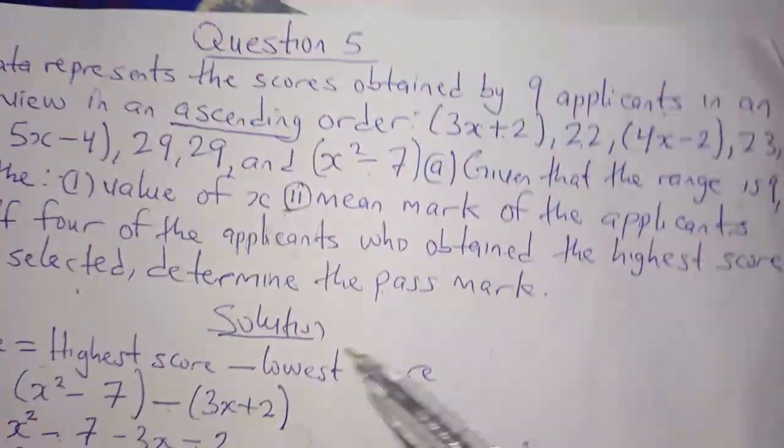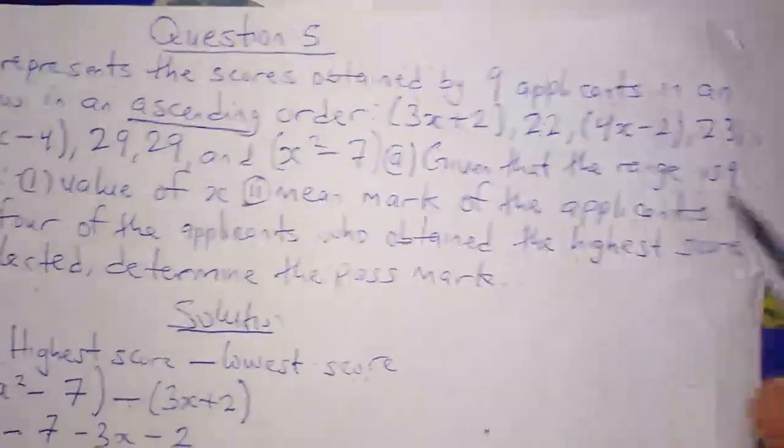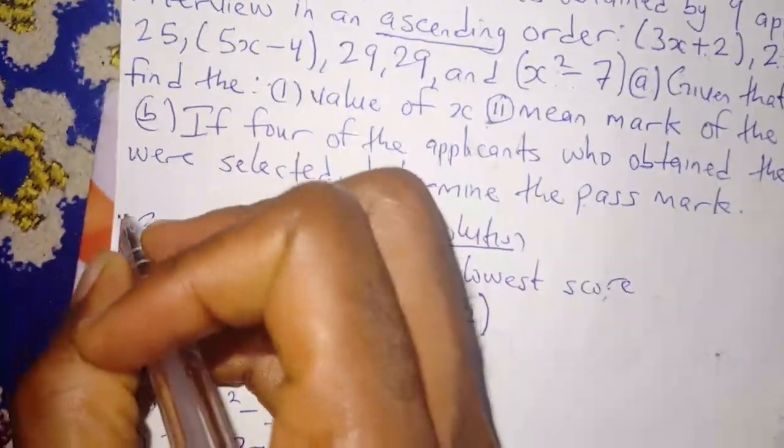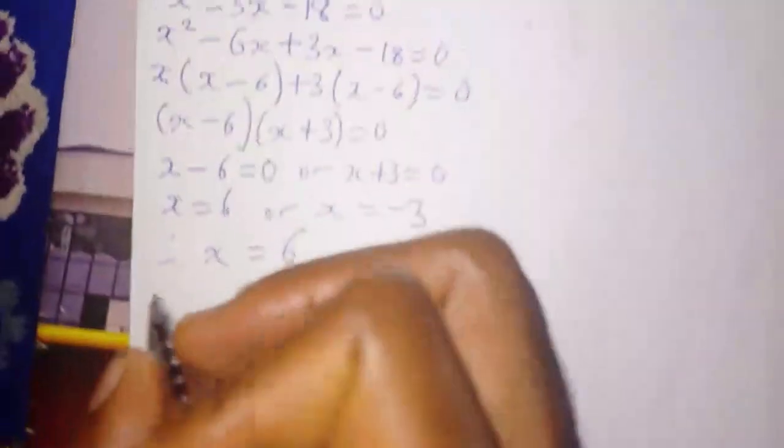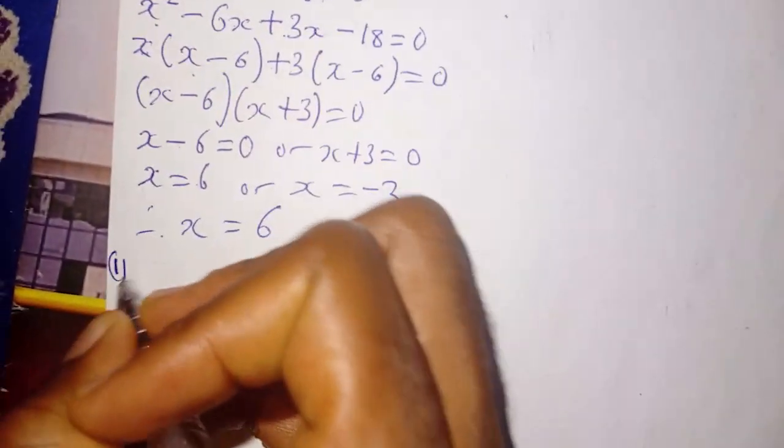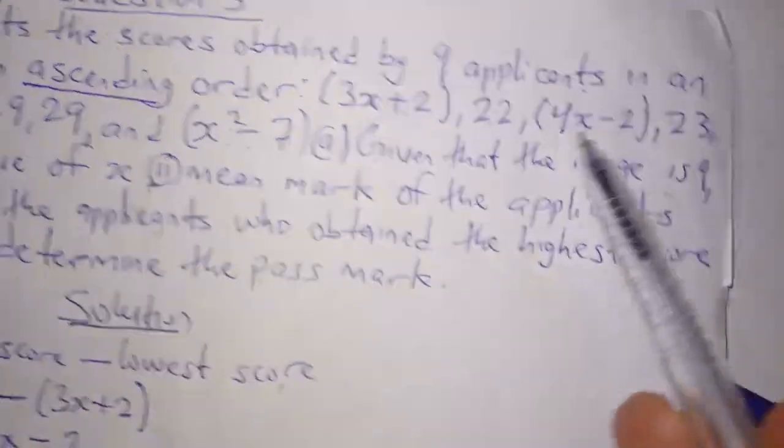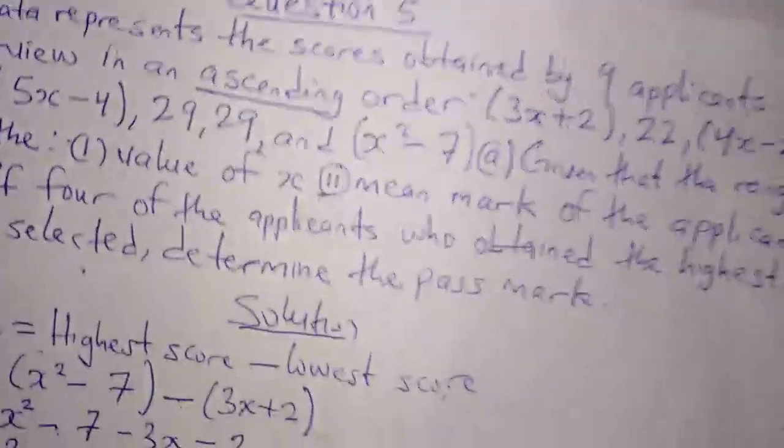Then the next question says you should find the mean mark of the applicant. Mean mark. You should know that this is question E, Roman figure 1, and this is going to be Roman figure 2. Now we are going to have the scores without the expression x.